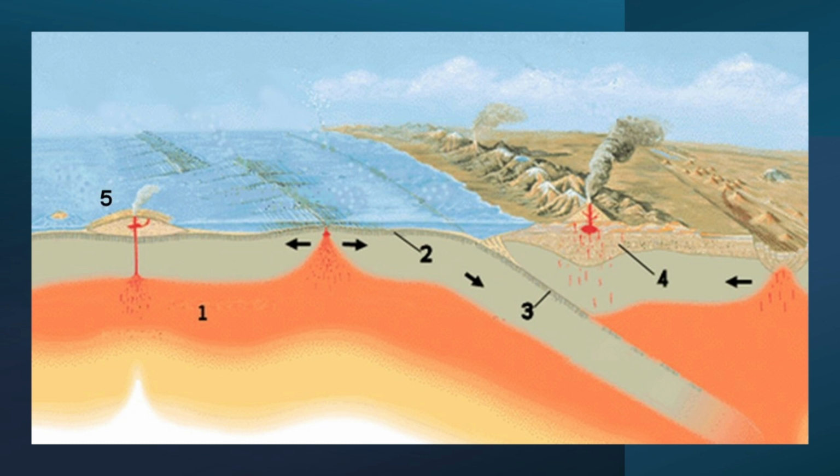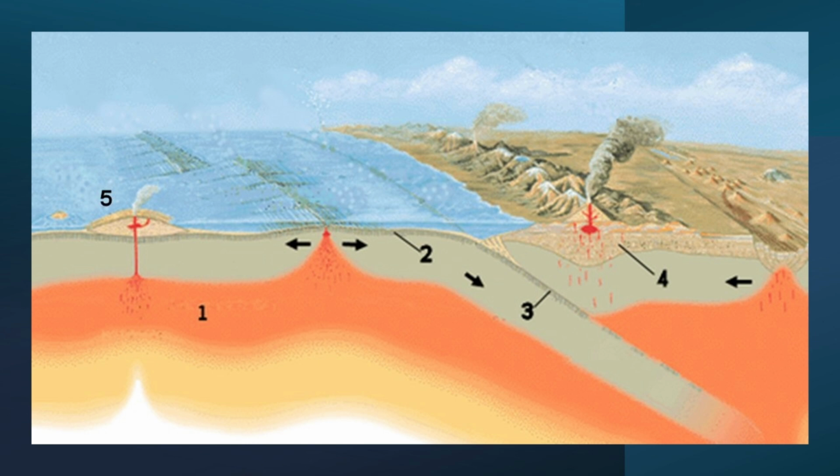The magma comes out on the surface of the earth as lava. In this case, because we see in the diagram that the magma is coming out on a continent, on land, that magma is going to have either an andesitic or rhyolitic type of lava.